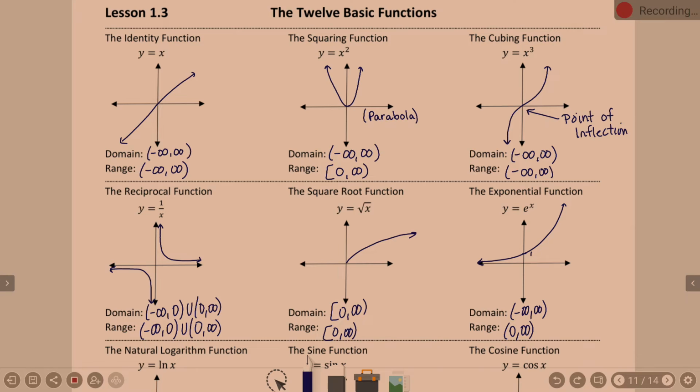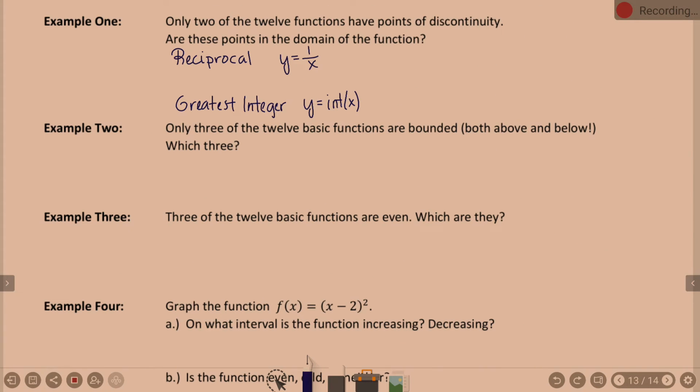Technically, no. We wrote 0, but what we put was 0 with parentheses, as in 0 is not included. So with our reciprocal function, when it says, are these points in the domain of the function? No. X equals 0 is not in the domain.